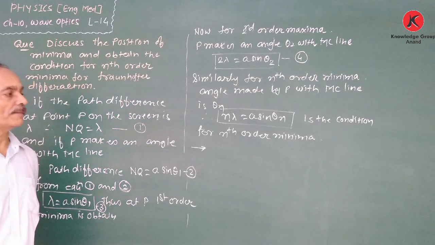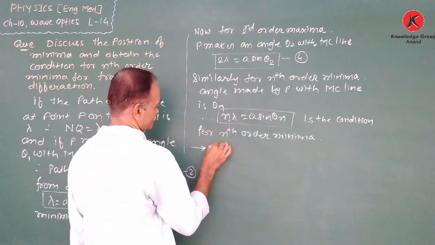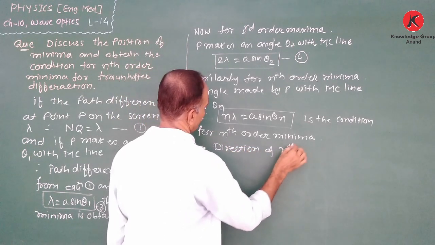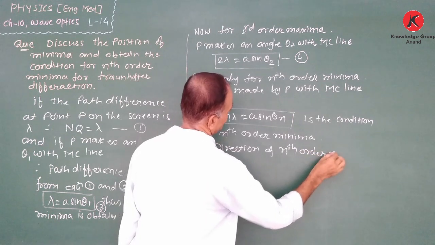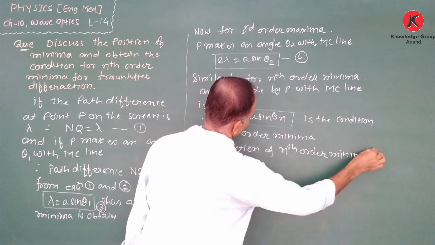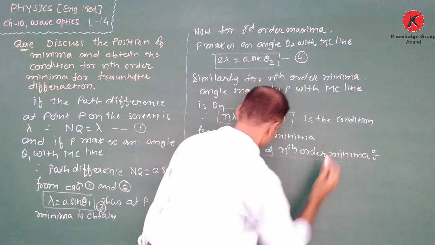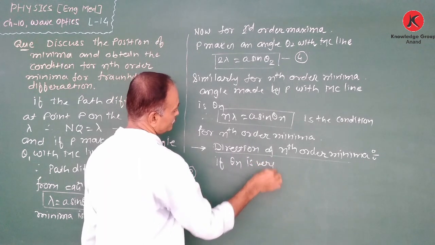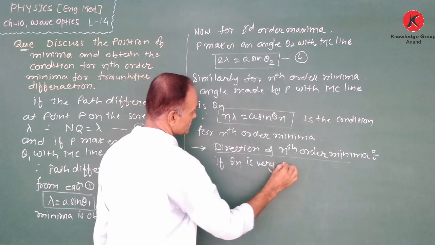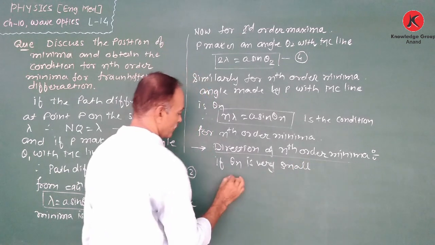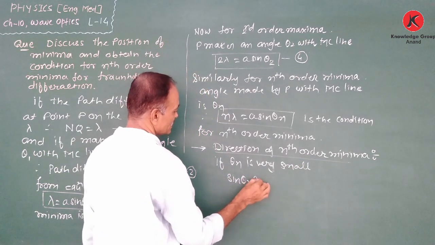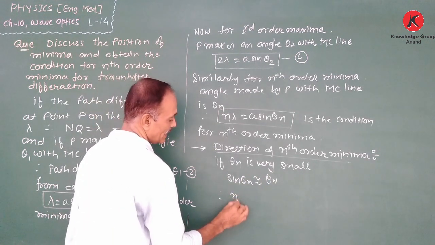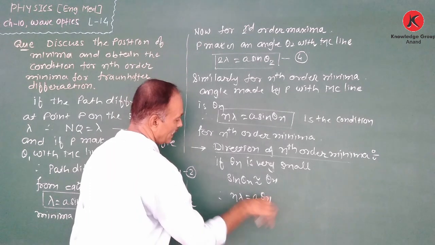Now for the direction of nth order minima, that means the equation of angle theta. If theta n is very small, then sin theta n we consider as theta n. Therefore, our equation n lambda is equal to a theta n.